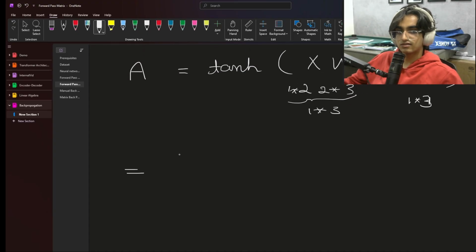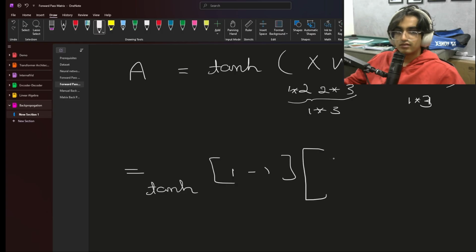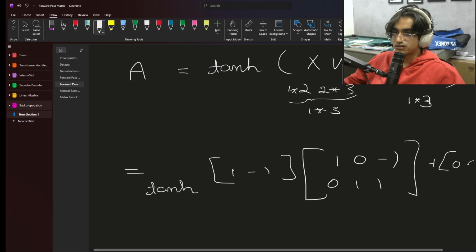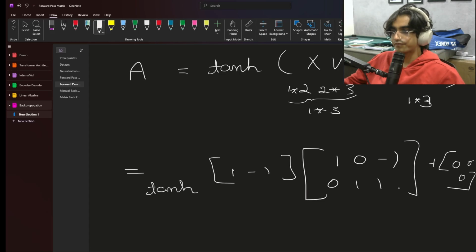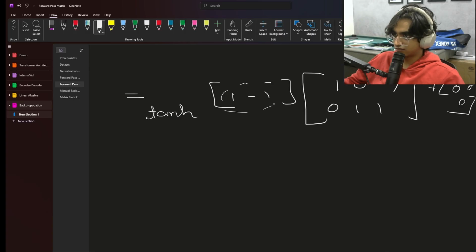So let's just write that out. A is going to be tanh of [1, minus 1] times [1, 0, minus 1; 0, 1, 1], plus 0, 0, and 0. So we're going to do matrix multiplication. We take the row, multiply it by the column.